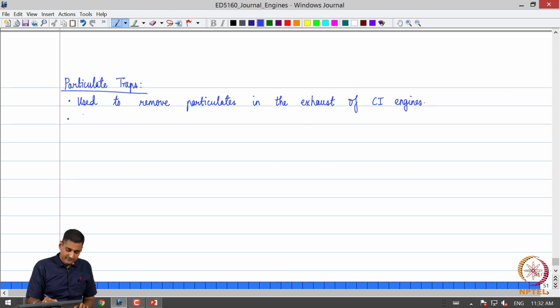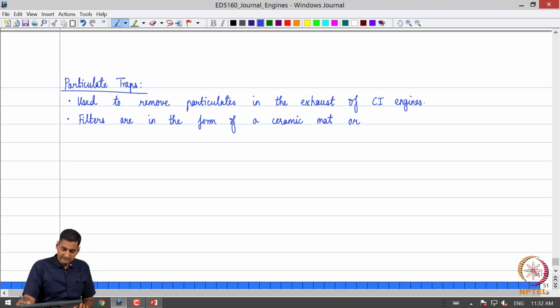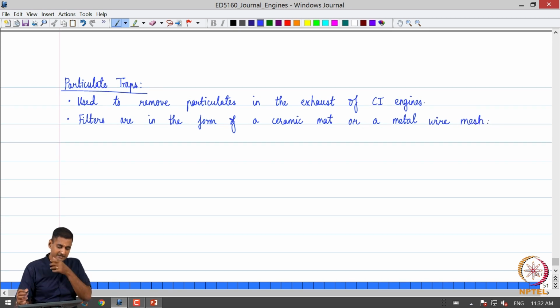They are nothing but filters that are in the form of a ceramic mat or a metal wire mesh. So, that is a particulate trap.